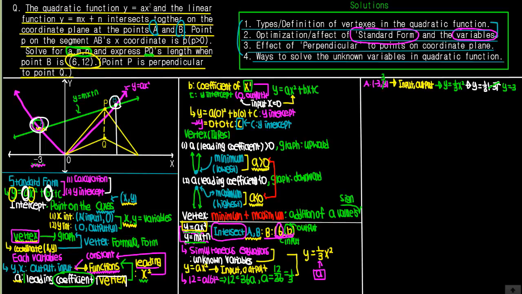So we basically solve for our point A and the point B. Our point A was -3, 3. Our point B was 6, 12. So it's time for us to solve for our simultaneous equations.